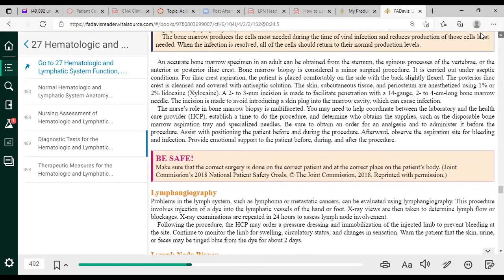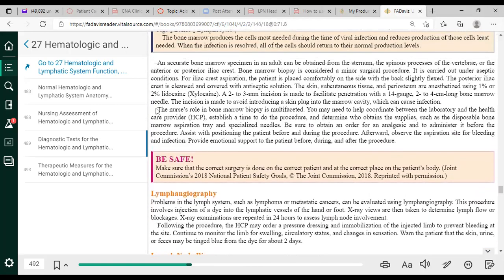Somebody read this paragraph right here, the nurse's role. The nurse's role in bone marrow biopsy is multifaceted.